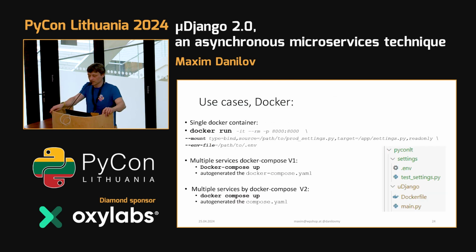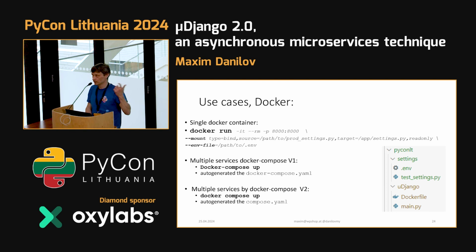Use cases: I can run it in Docker. In Docker with a single file it works easily. I already provided a comment on how I run it with settings for production, and we can also use this approach in Docker Compose.